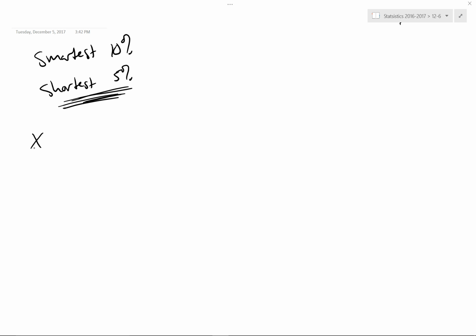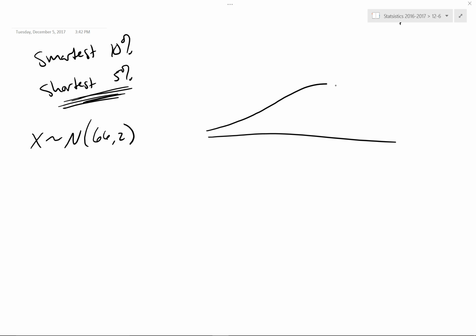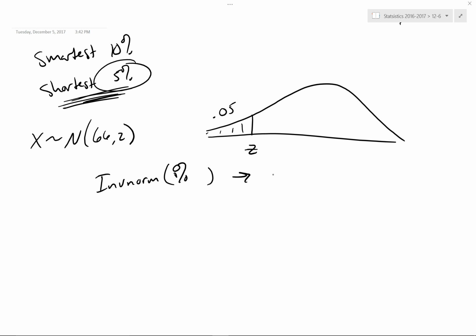Okay, so let's start off with this one. So again, Ethan, we know that women are normally distributed in height, like so. So here's what I've got. I'm starting off with a percentage. So that's 0.05 down here. What I need is a z-score. So what I need to do is do an inverse normal to take a percentage and have it spit out a z-score.